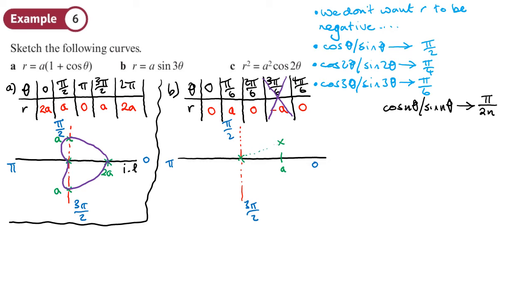When it's 2 pi over 6, it's back to 0 again. We ignore the 3 pi over 6, and then when it's 4 pi over 6, which is like 2/3 pi, which is like 120 degrees, we're back to 0 again. Now that will give us this.